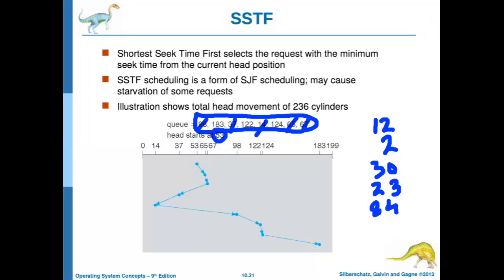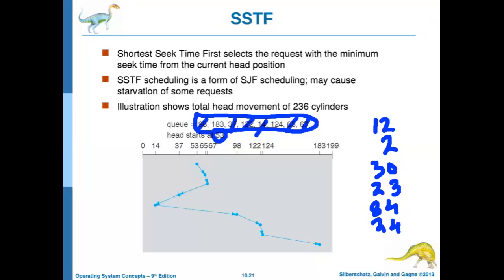Now after 98, just 3 are remaining. That is 183, 122 and 124. Definitely, first of all, 122 will be served, and for that, 122 minus 98 gives me 24, right?